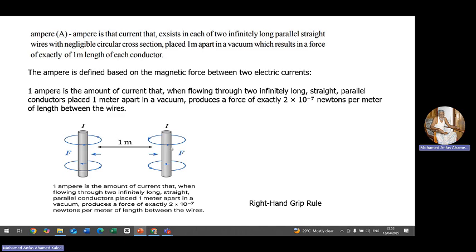According to the right hand grip rule, you can see the forces are produced by the current. In 1 meter, it produces 2 into 10 to the power minus 7 newtons. That amount of current is called 1 ampere. So the ampere definition is clear.